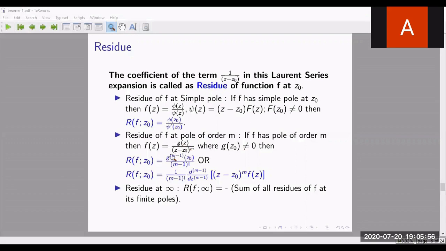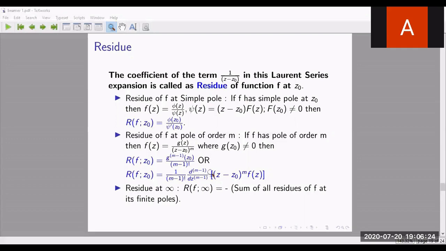Now we take the m minus 1th derivative of the numerator function g of z, put z equal to z naught, and divide by m minus 1 factorial. Sorry, here the term must be limit z tends to z naught.